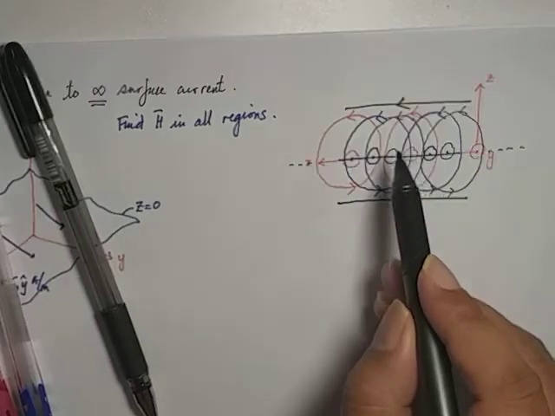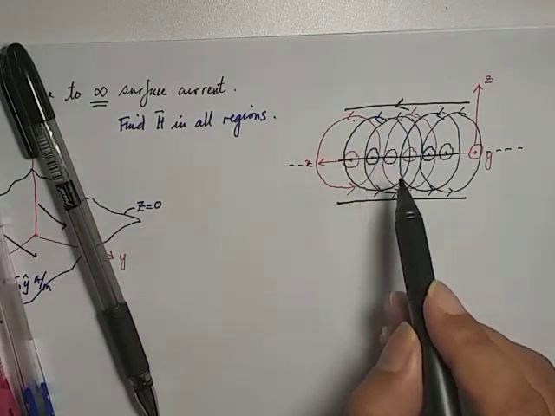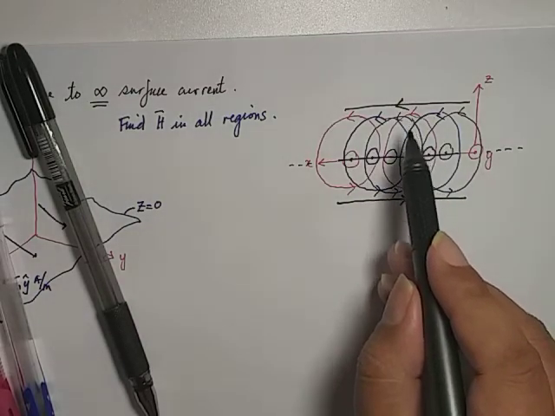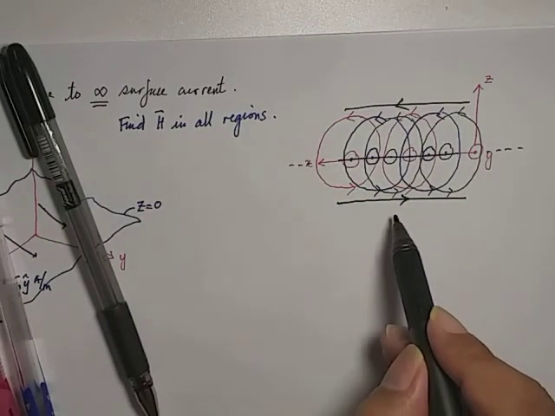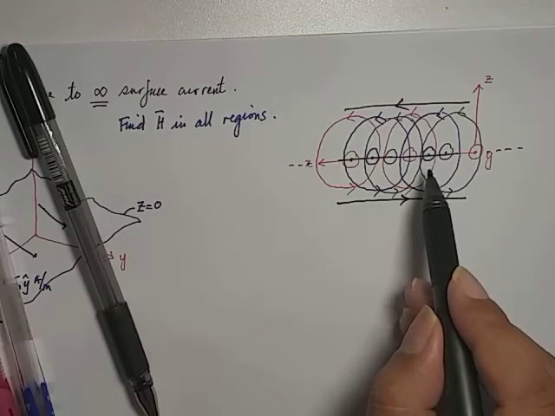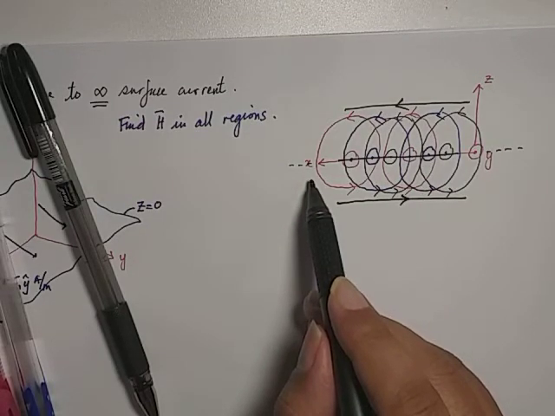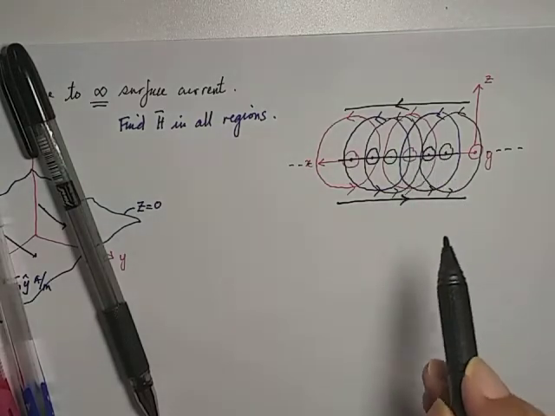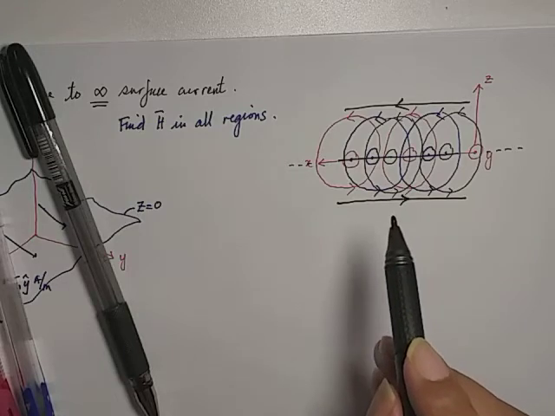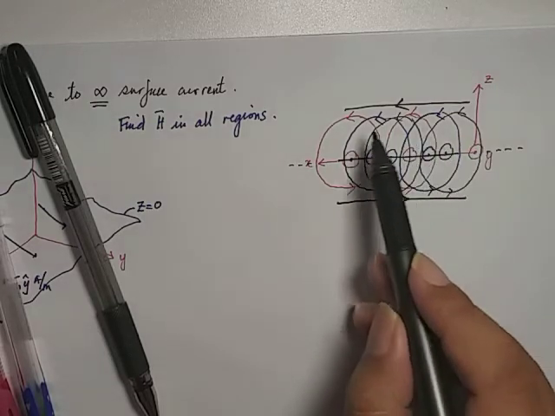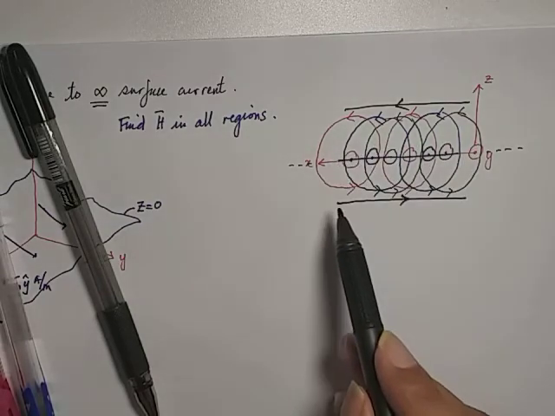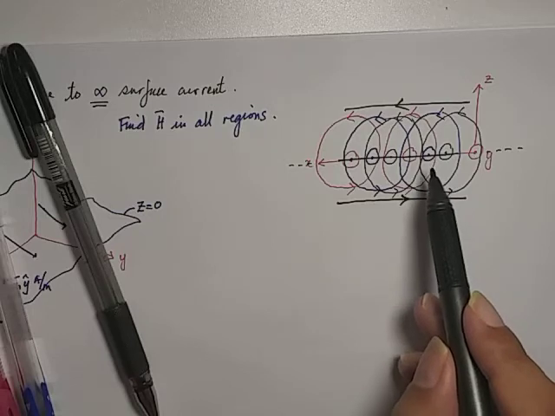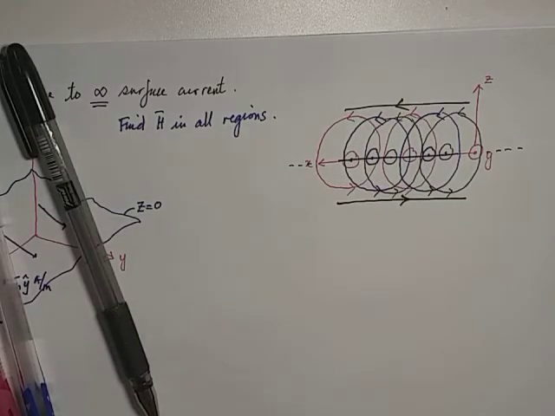So we can assume that in the top area of this surface current, the field is in the positive X direction, whereas the field in the bottom region of this surface current is in the negative X direction. Okay, so that's the reason why we are using Cartesian coordinates, because the loop is going to be rectangular, following the pattern of the field generated by the surface current. Okay, good. So let's proceed now.